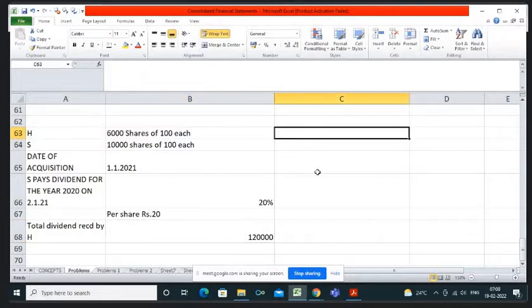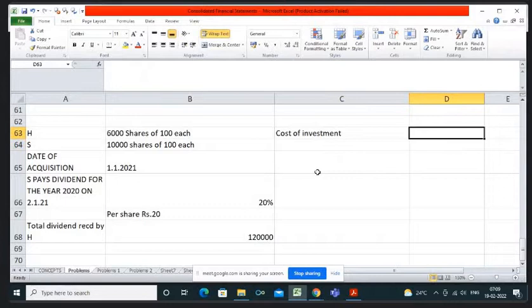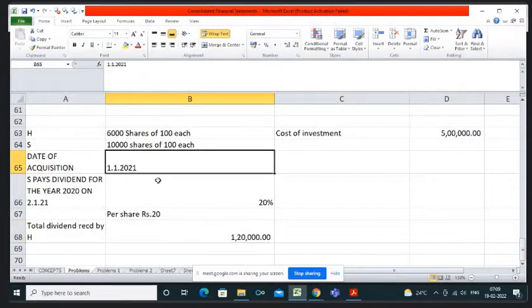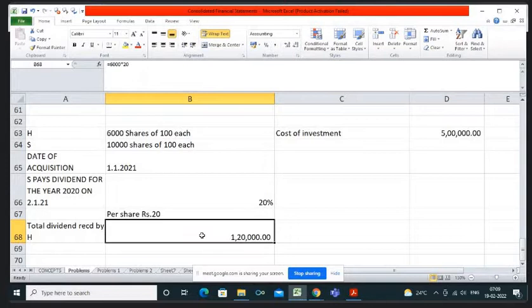We know that the cost of investment is, let's say, 5 lakh. We have invested on 1/1/2021. But immediately next day we get a dividend.